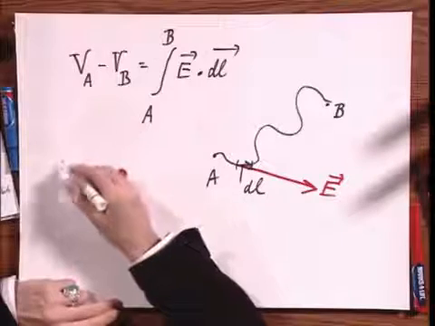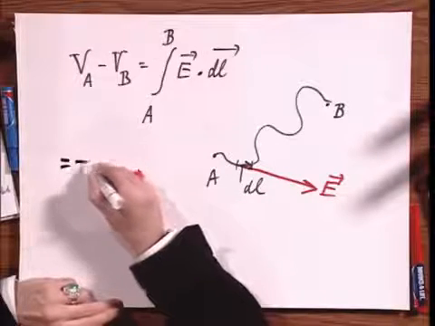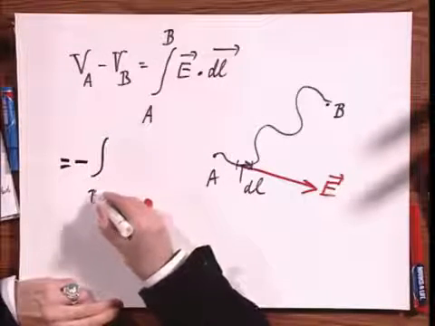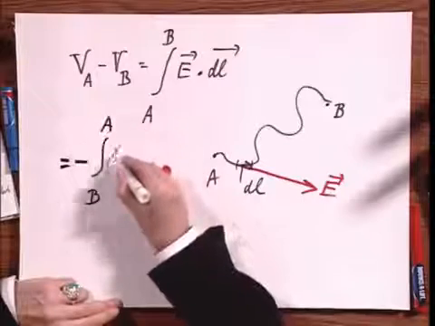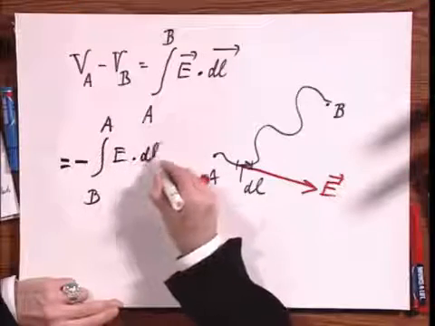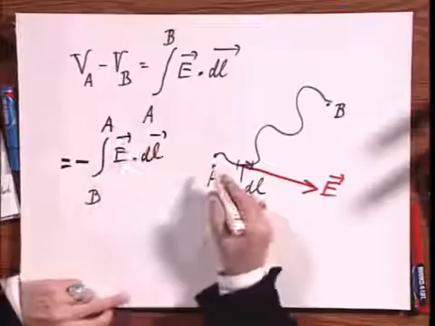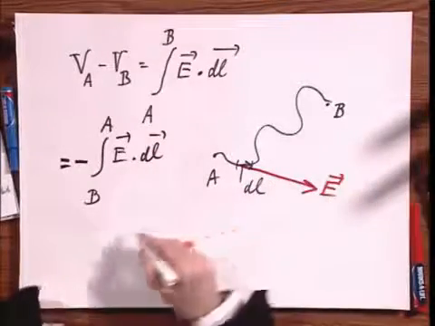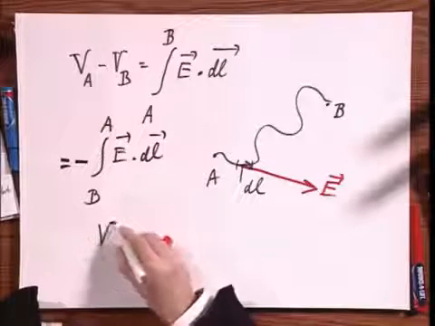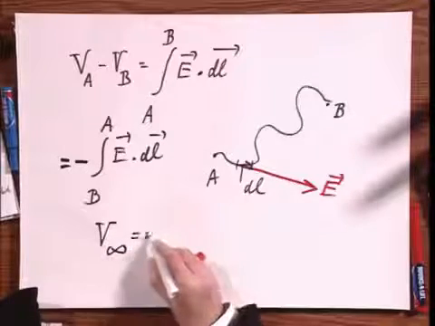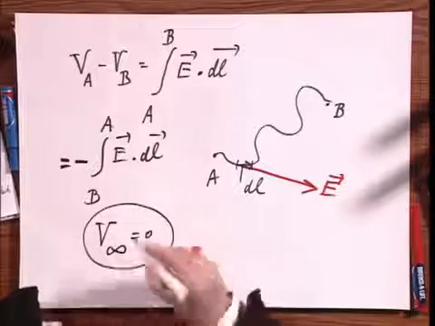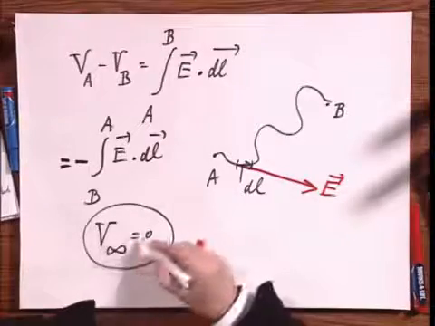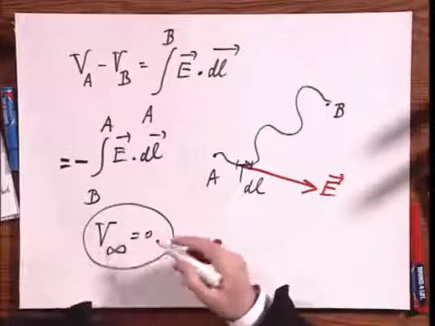Very often you see in books that it is minus the integral in going from B to A of E dot dl, and that of course is exactly the same thing. When we can, we define the electric potential at infinity to be 0. It's not always possible, as you will see in the future, but whenever we can we do that. It's just convenient.